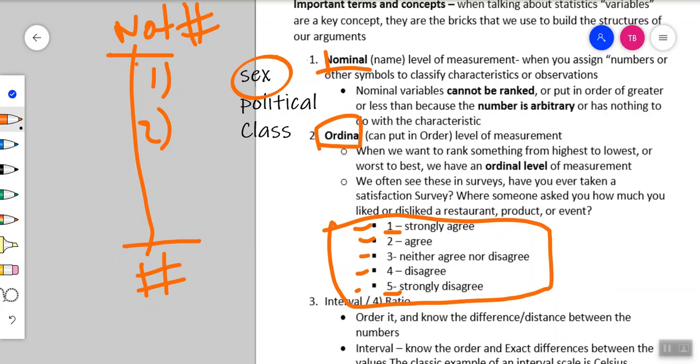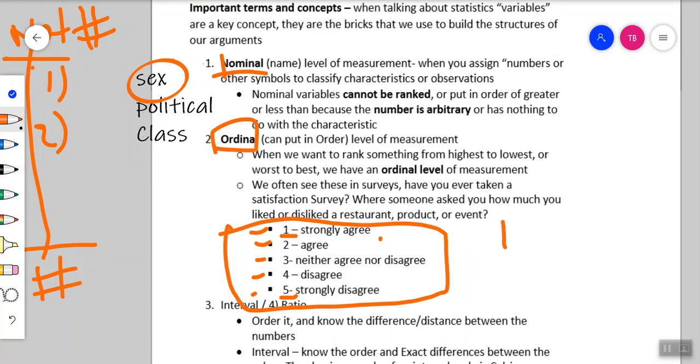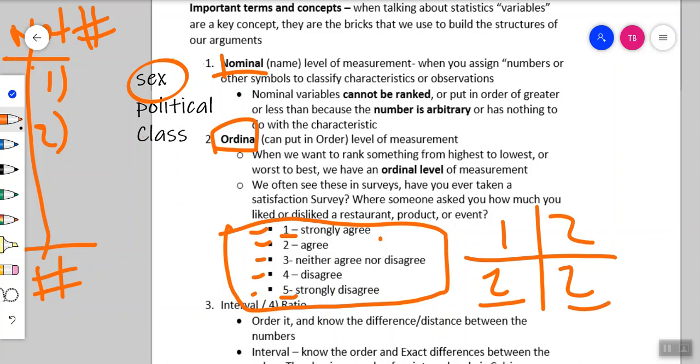However, you can't really tell what's in between these two things. You can't really tell how much space there is between someone who strongly agrees versus somebody who just agrees. Or if you were to compare two people's different opinions. So if I were to say person one and person two, and both of them answered a two on this survey. So both of them agreed that this was true.